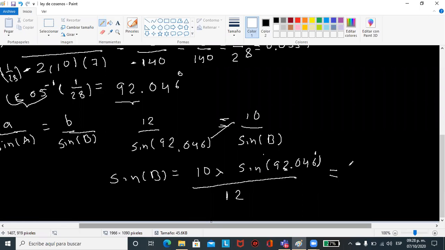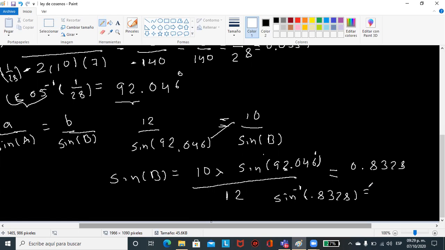Okay, so if you solve this in your calculator, you will have something like 0.8312. Okay, so now we have the sine of B, but remember that we don't want the sine. What we want is the angle. So let's write the arc sine of 0.8312. This is equal to, let's use the calculator.